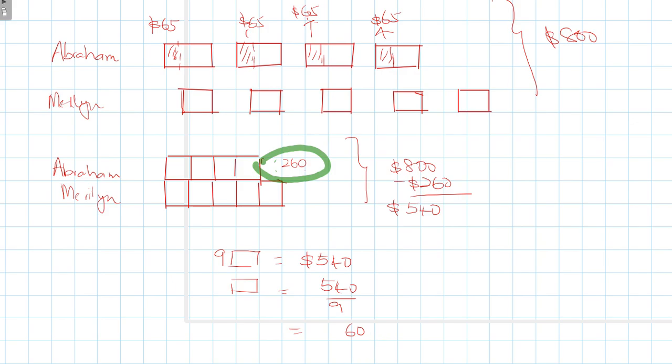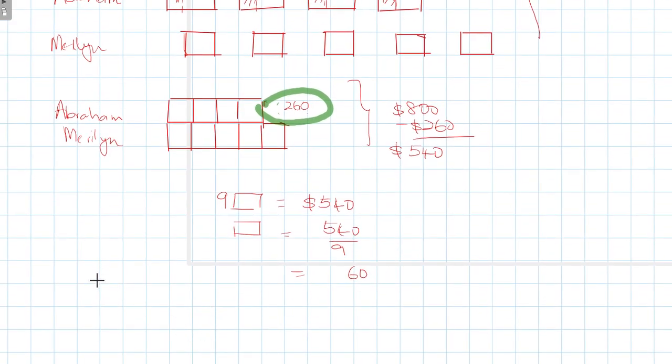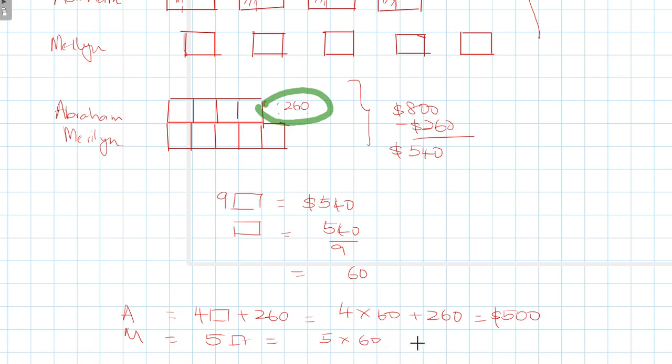So Abraham will be equals to 4 boxes plus $260. That will give you 4 times 60 plus 260, which will actually be $500. Then Madeline, you just count 1 2 3 4 5 boxes. It's actually 5 boxes. When you do 5 boxes, it's 5 times 60, which will give you $300.